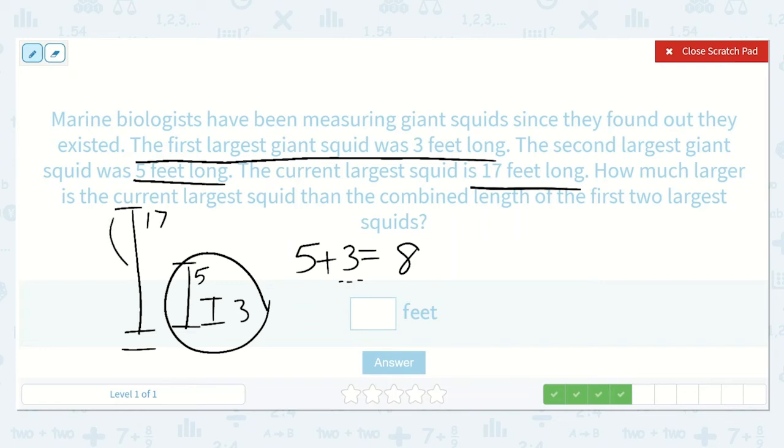We want to know what this is. So we are going to take away the 5 plus 3, the 8 here, to find out what the difference is. So 17 minus 8 is equal to a number. Well, I know that 17 minus 7 would be 10, so I'm going to take away one more, which would be 9. So the answer is 9. So 9 feet.